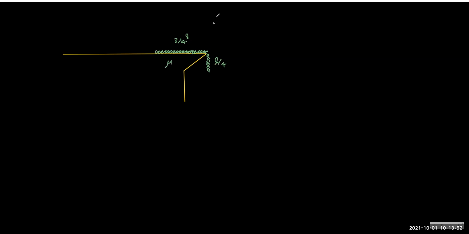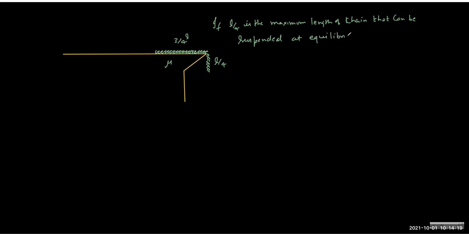If L by 4 is the maximum length of chain that can be suspended at equilibrium, then find mu.